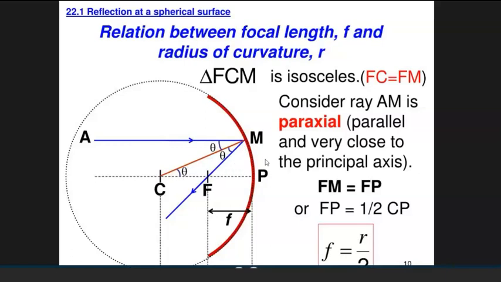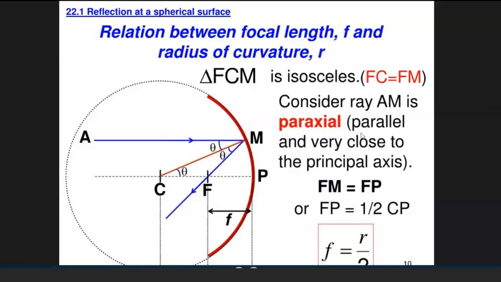Now we have to consider the triangle FCM, which is an isosceles triangle, because if two angles are equal in a triangle, then the triangle is isosceles. Therefore, the corresponding sides will be equal, that is FC equal to FM.